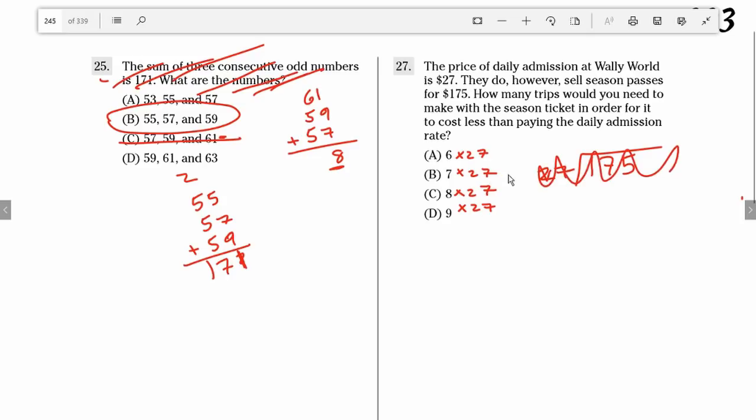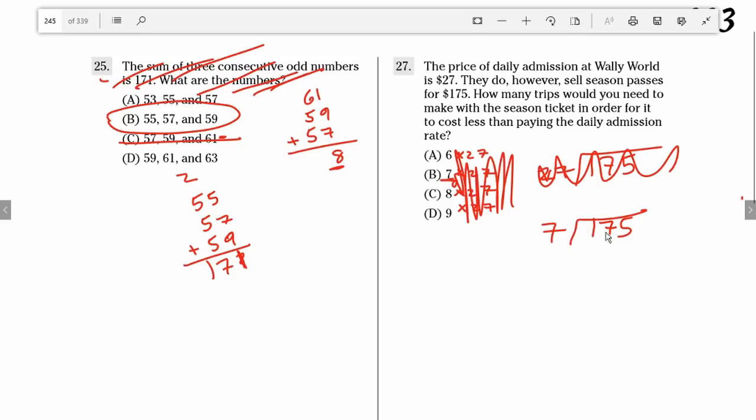Actually, let's do 175 divided by each of these number of days, because when we divide our cost by days, we're going to get the cost per day, which we want to be less than 27. Okay? So first, I'm going to try to get away with doing this by dividing 175 by 7. I always like to pick in the middle with problems like these. So 175 divided by 7.